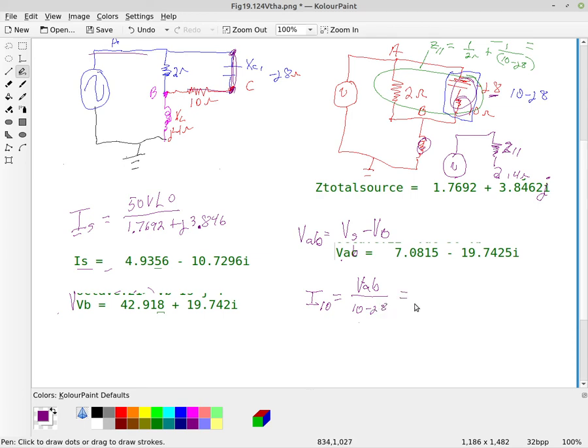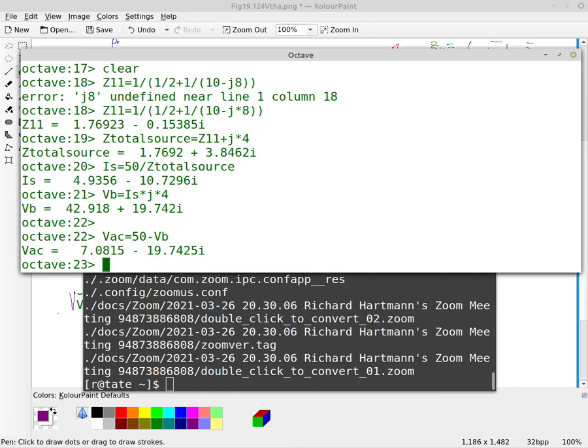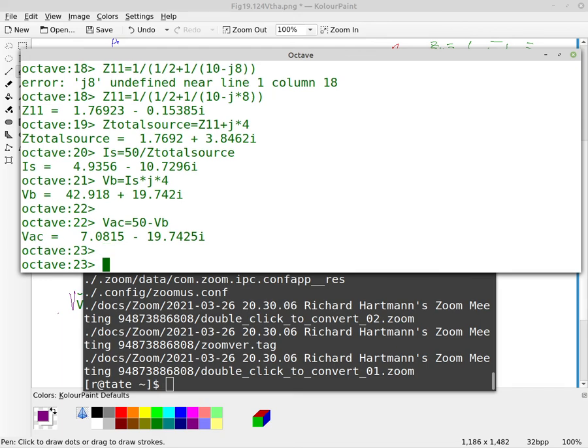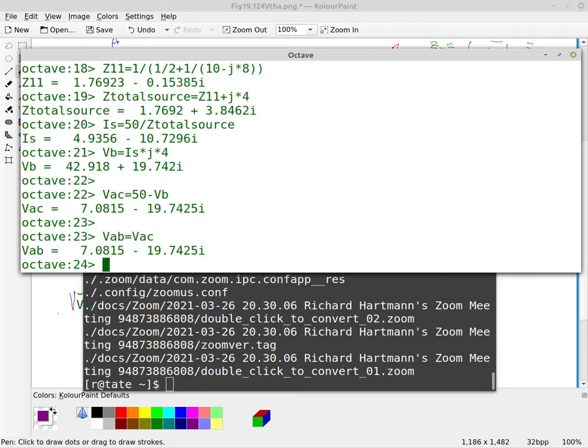And so I'll flip back to my calculator. I'm going to have I10 ohm equal to VA. I remember I mislabeled that, so I'm going to correct that. VAB was that voltage, so what I called VAC before is actually VAB.